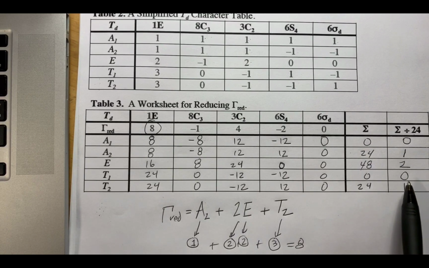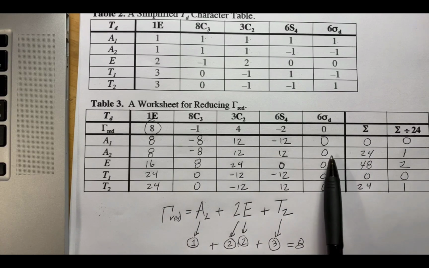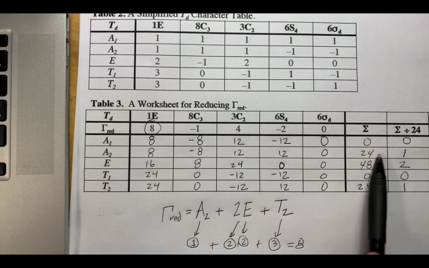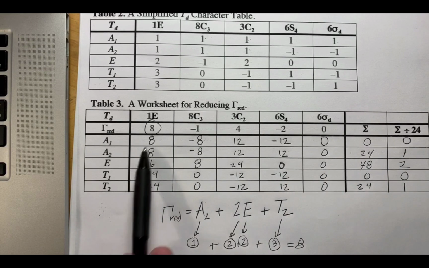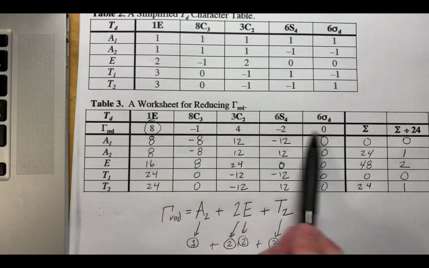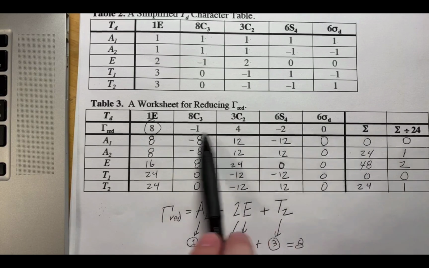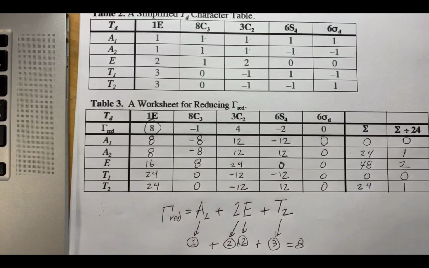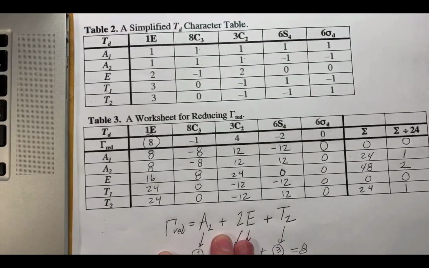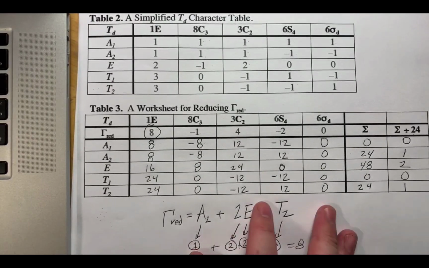If I ended up at the end here and I summed across and I got 23 divided by 24, some strange fraction, then I've messed up either in how I was carrying this out or in building this reducible representation. Well, that's what we'll talk about also, is how to get this reducible representation. This method is in the Carter book. If you have access to it, it has a great explanation. I'll also post a worksheet that goes through this specific example.